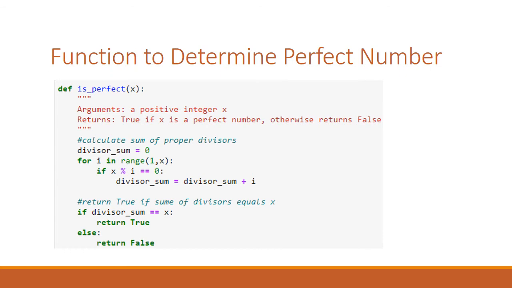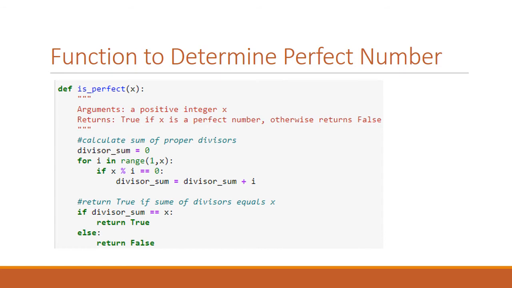To do that, we take X and we divide it by I. If the remainder is 0, we know it's a divisor. So for each integer, we say if X mod I is equal to 0, we're going to add I to our sum. We're going to continue that until we get up to but not including X.